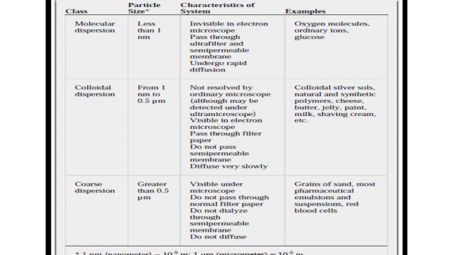They generally do not pass through normal filter paper. Thus you can use the concept of dialysis, in which we retain the cells. Examples: grains of sand, most pharmaceutical suspensions and emulsions, as well as the red blood cells in the blood. All of these come under the coarse dispersion.